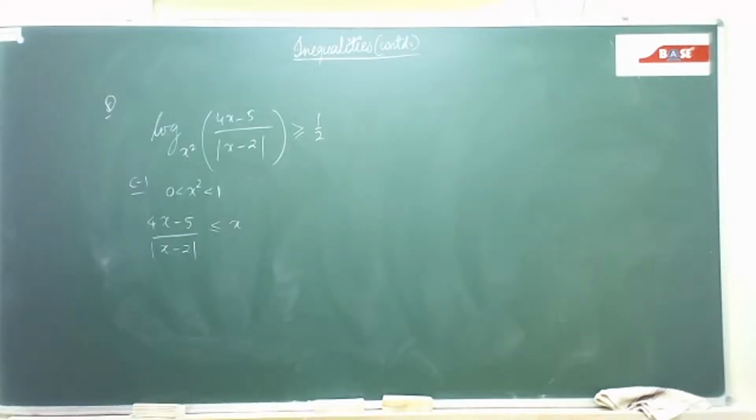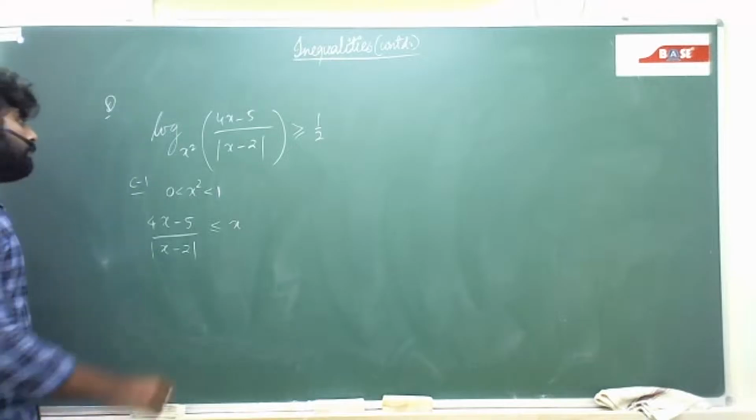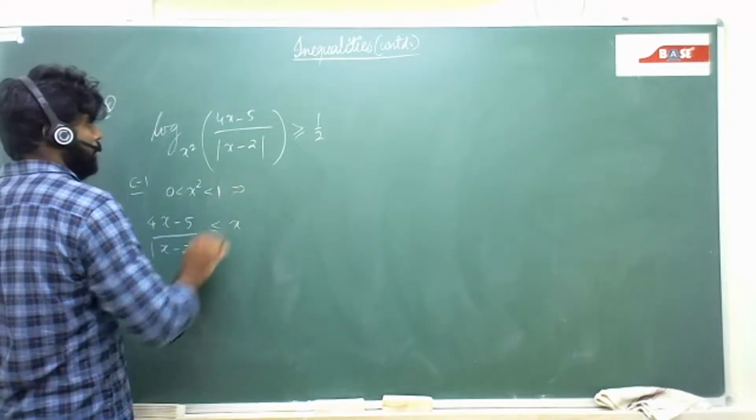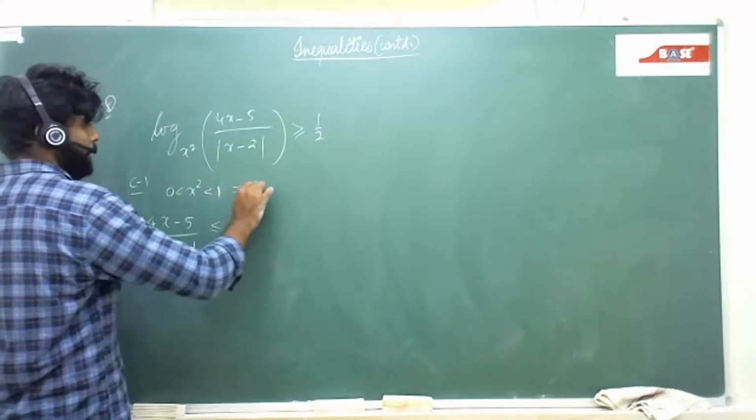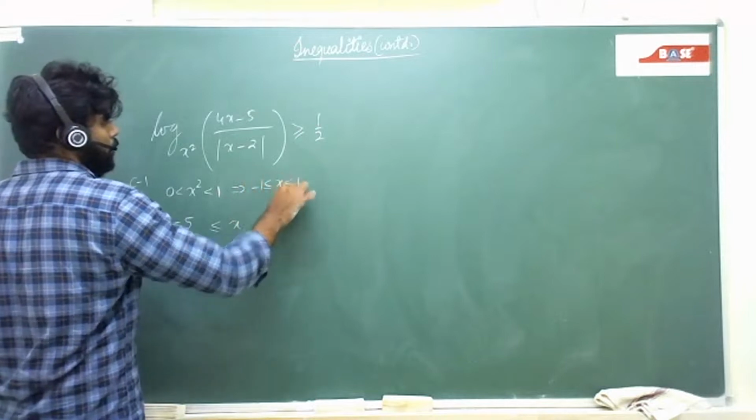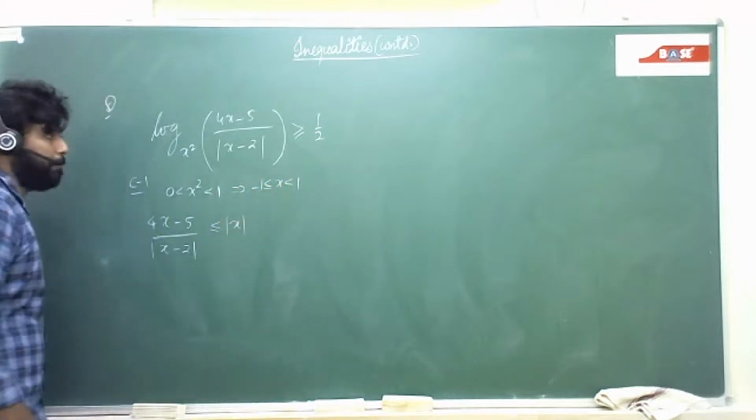Base is always positive but less than 1. So x will lie between minus 1 and 1. So actually this will be, shall we take mod x? Well, we'll see that later, maybe. From there it is minus 1 to 1. So better to take mod x.